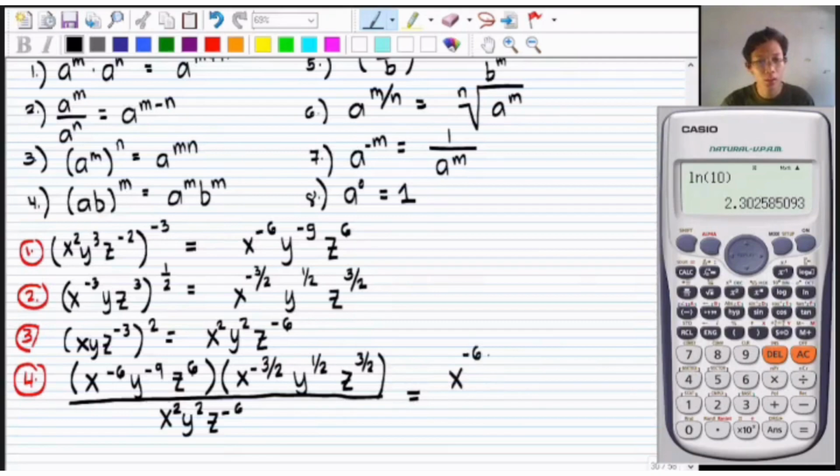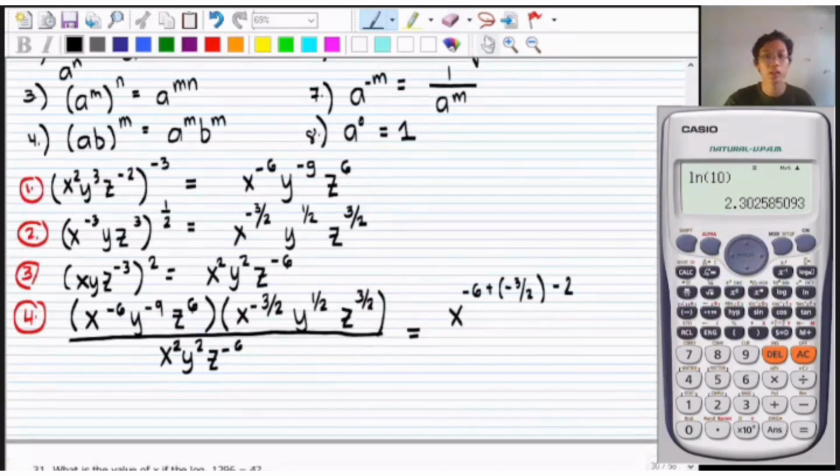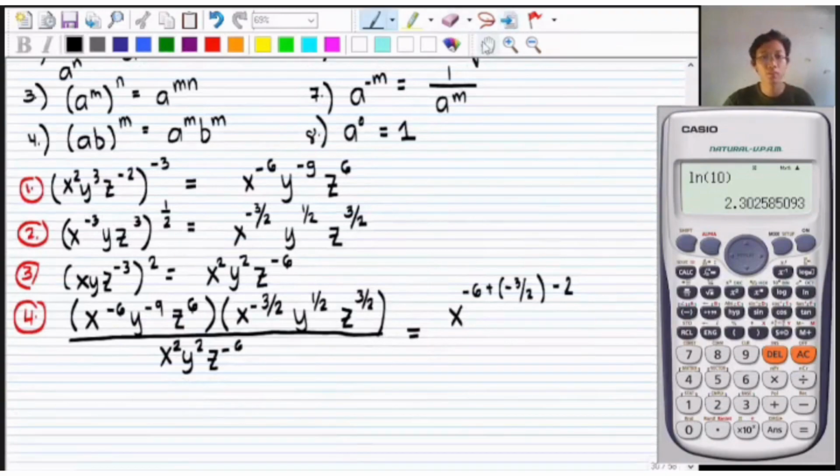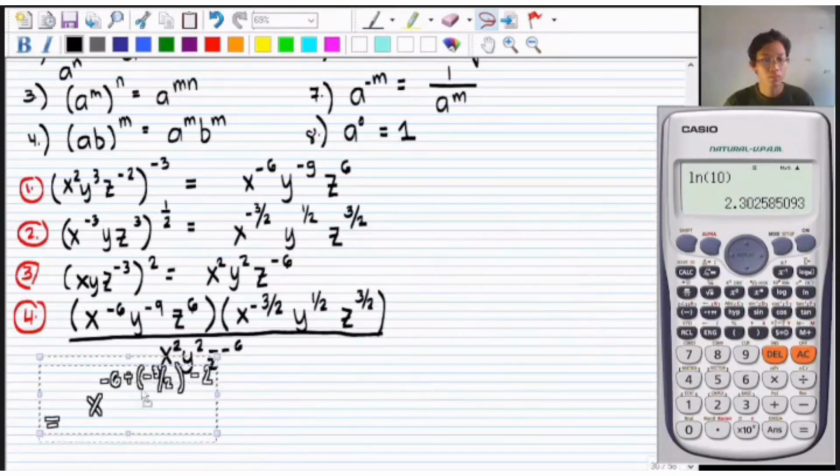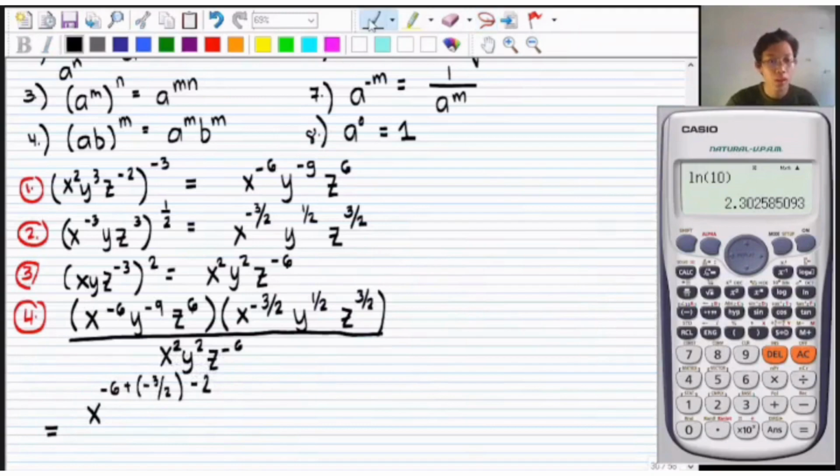X raised to negative 6 plus negative 3 halves minus 2. Then, baba na lang natin ilagay. Yung y mo naman, ito yan. Negative 6, negative 3 halves, at saka 2. Okay? Ito yun.